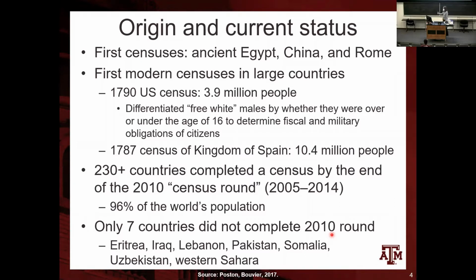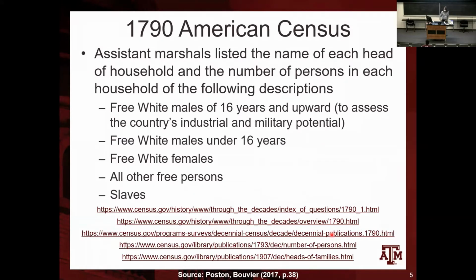But overall, we have all these censuses collect information about all households and aiming to collect information about all people living in the country for most of the countries in the world by now. So just to give an example of the first American census that was collected in 1790, assistant marshals listed the name of each head of the household and the number of persons in each household of the following subcategories.